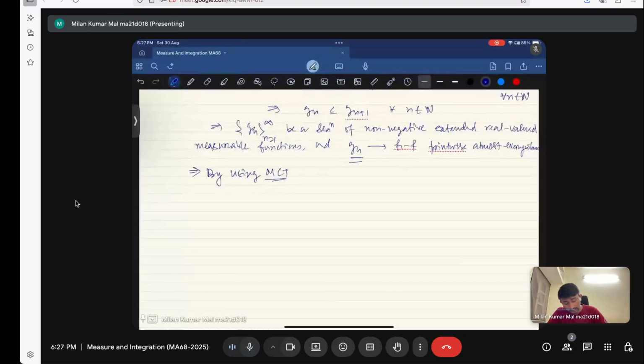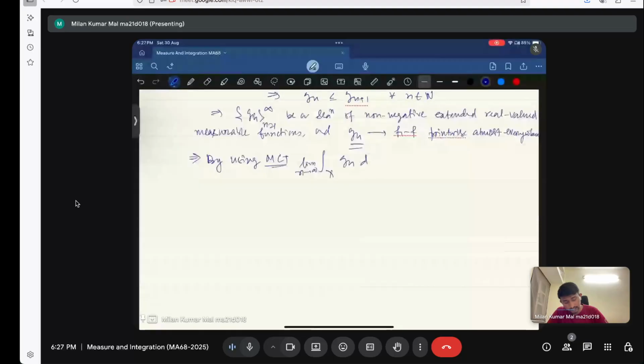So the integral over x of limit n tends to infinity of Gn d mu is equal to the integral over x of f1 minus f d mu, which is equal to the integral of f1 d mu minus the integral of f d mu.